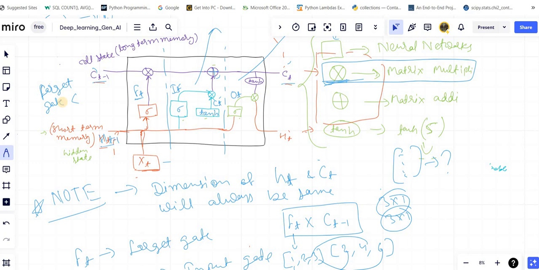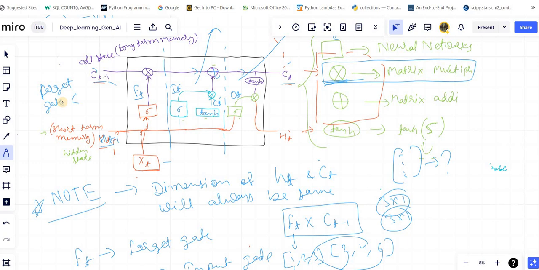First is the multiplication of ft and ct minus 1, and there is one more multiplication in the input gate, which is ct and it, and whatever the output of this is will get added with the result of the first multiplication. Whatever value comes here will pass through the tanh function, and the output of ot will be multiplied with it, and that will be our final ht.